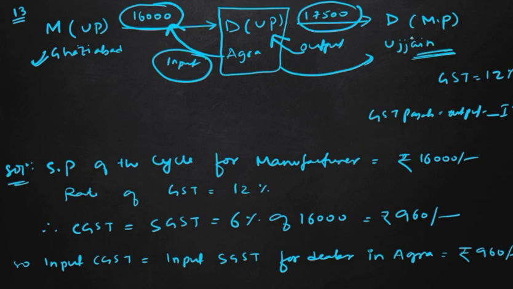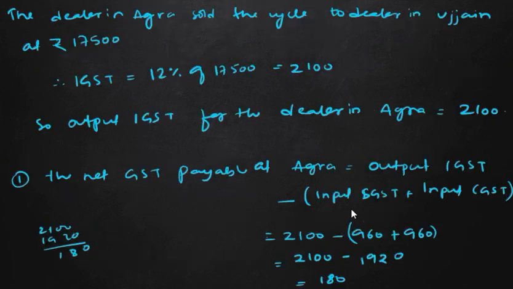So the amount of GST paid by the dealer in Ujjain for 17,500 was 2,100. You can see this: the dealer in Agra sold the cycle to a dealer in Ujjain. This amount is the IGST, and it is the output for the dealer in UP, and this amount will be the input for the dealer in Ujjain.